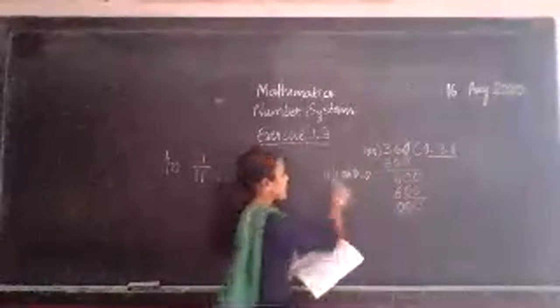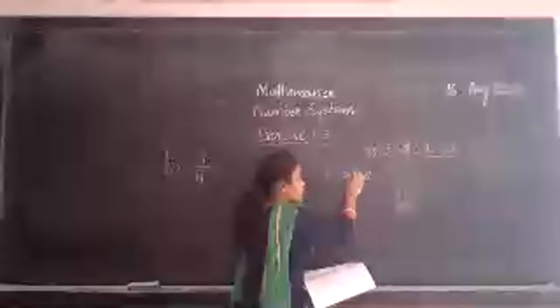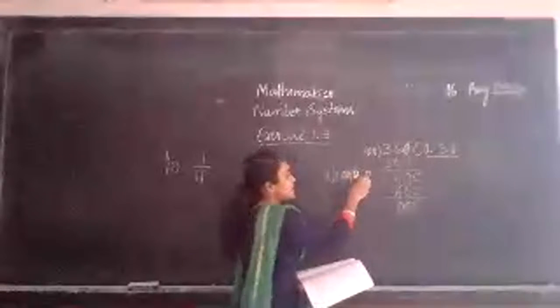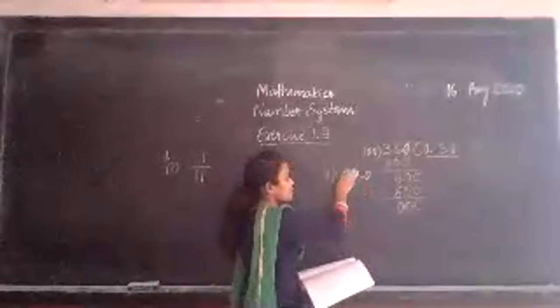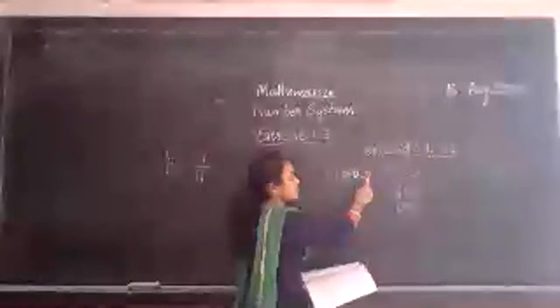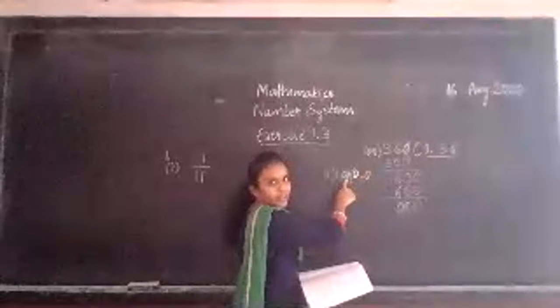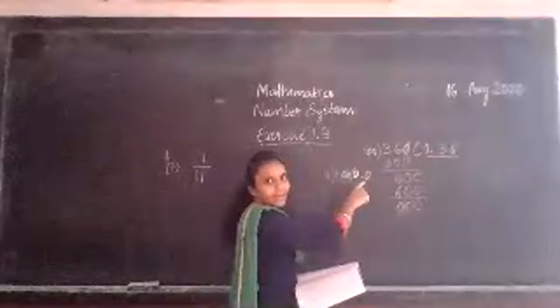See what I did. I cannot divide 1 by 11, so I wrote a 0 and then put a point. Since I took a point, I wrote 10. Again, 10 is not divisible by 11, so I write one more 0. Now I got 100.